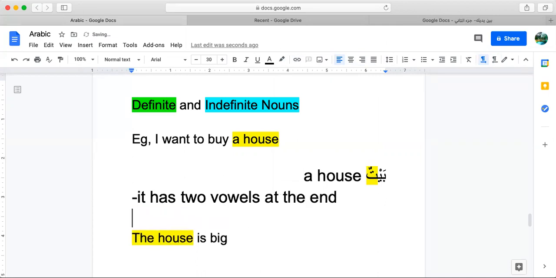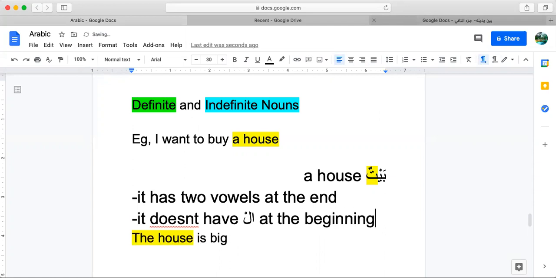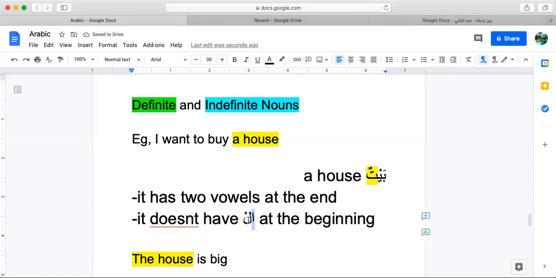whilst it doesn't have al at the beginning. You're going to come to know what I mean shortly when we talk about definite nouns.